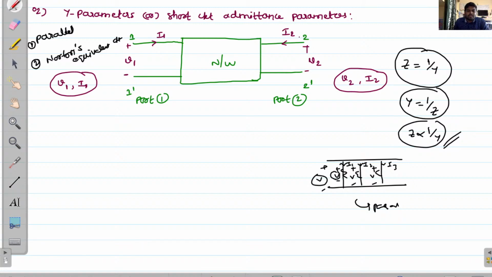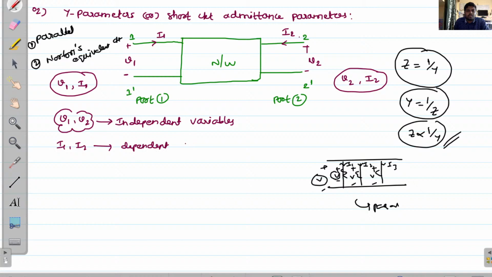So now V1, V2 are independent variables. In the previous case, for Z parameters, V1, V2 are dependent variables, but here V1, V2 are independent variables, and I1, I2 are dependent variables, okay?